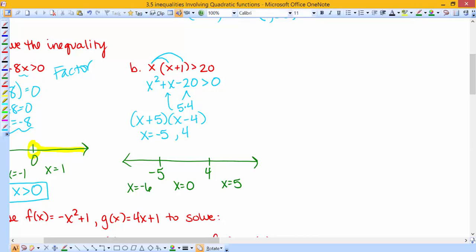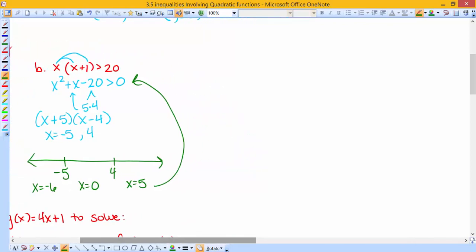Then I'm actually going to plug back into that equation because it's the one that has 0. So negative 6 squared plus negative 6 minus 20 has to be greater than 0. And once you know it is or is not, stop. You do not need to finish like I did in A.